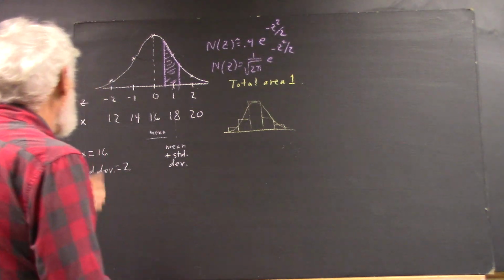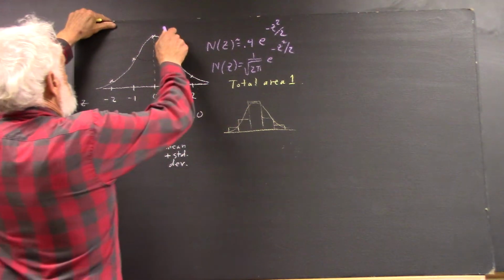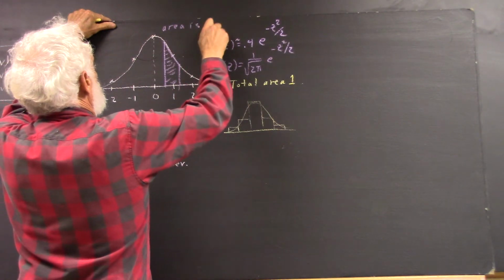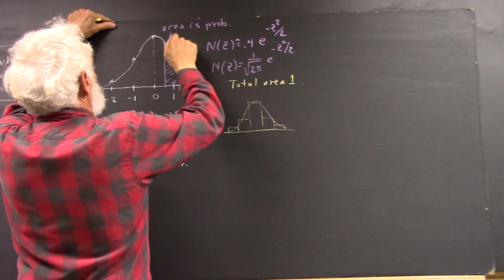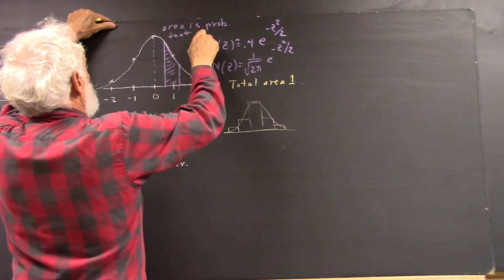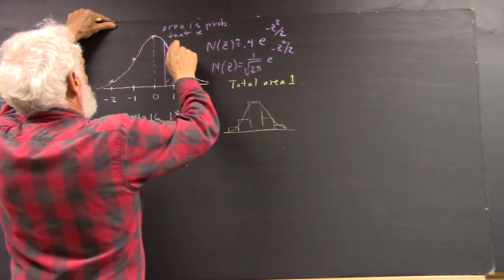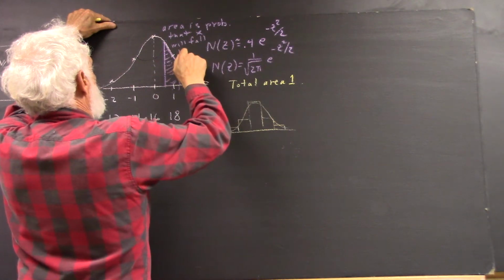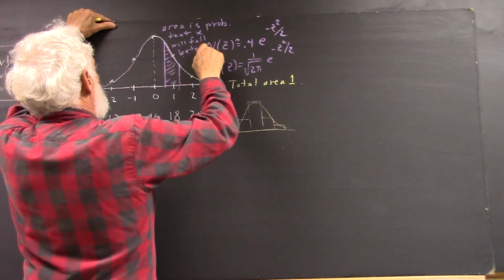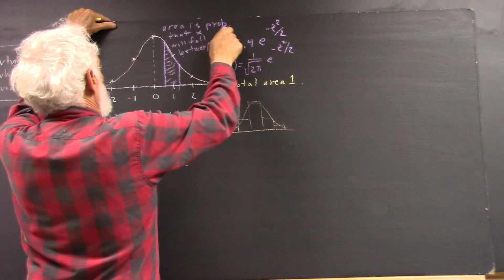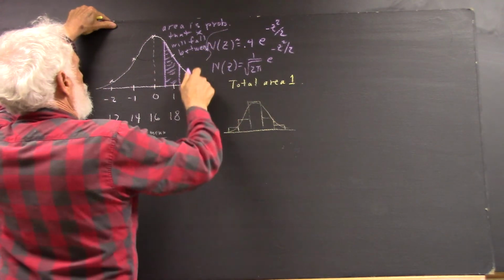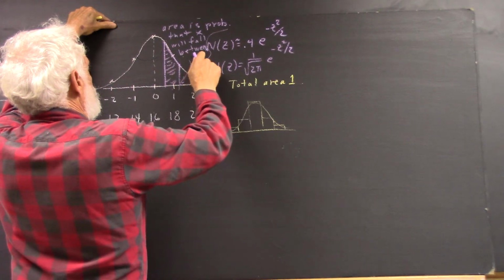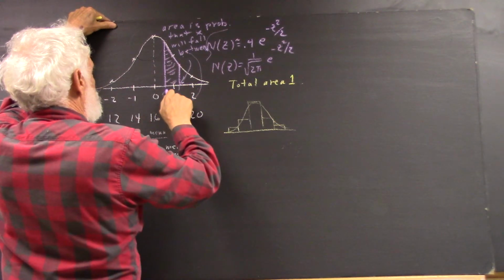So the area is a probability that x will fall between, and I'm all out of room here, here and here.